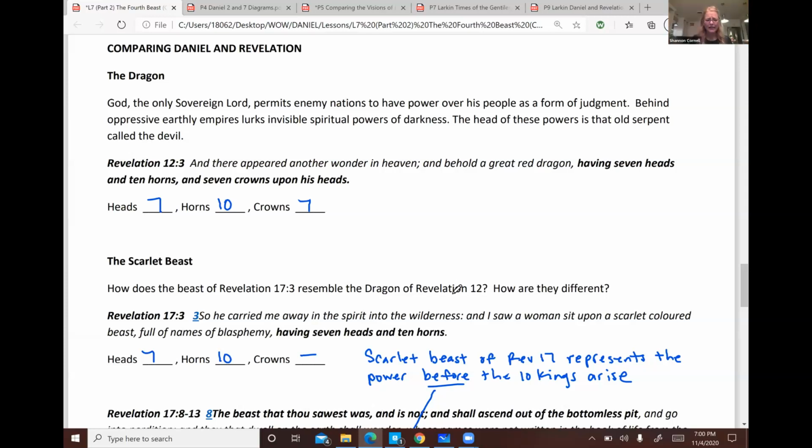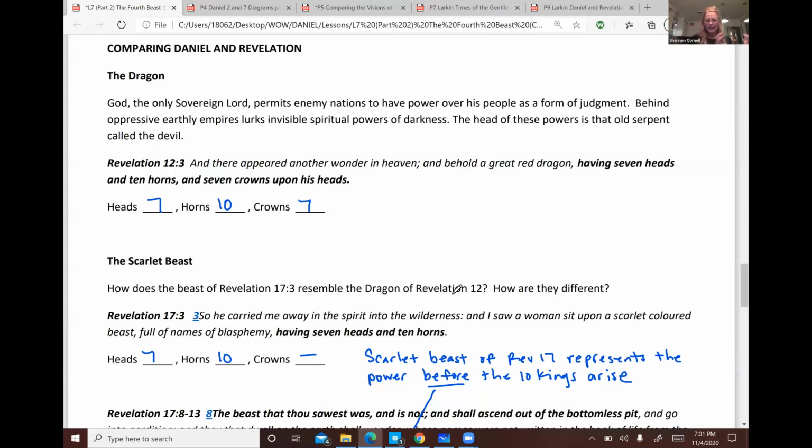So in Revelation 12:3, it says, "And there appeared another wonder in heaven, and behold, a great red dragon, having 7 heads and 10 horns and 7 crowns upon his heads." So this imagery, it's not necessarily that if you saw Satan, he would look like a dragon, but we're taking these physical characteristics to describe this spiritual entity.